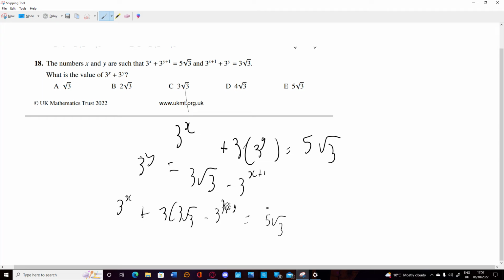Okay, let's turn on something neater. 3 to the x add 3 to the 2, just down the half, so that's 2.5, minus 3 to the x add 2, 5 root 3.